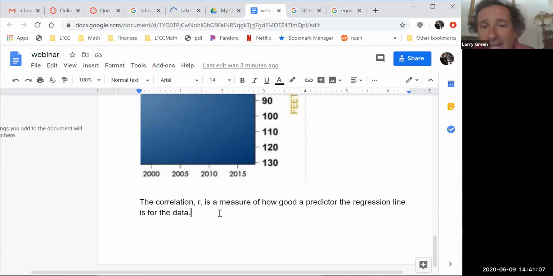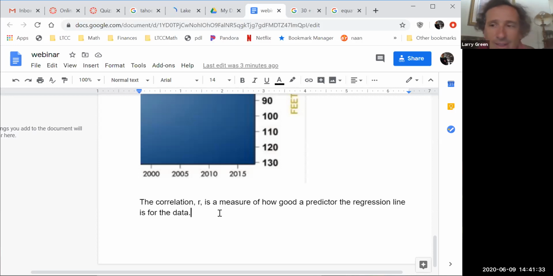But if it's data, like year and lake clarity, then no. R is something else. And previously R was like maybe negative 0.8, but now it's more like close to 0. Do you see that? Any questions on that? So far, so good?